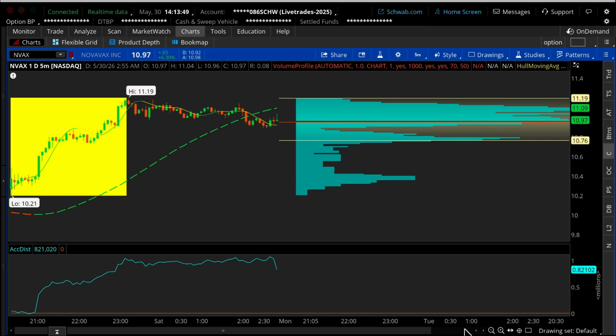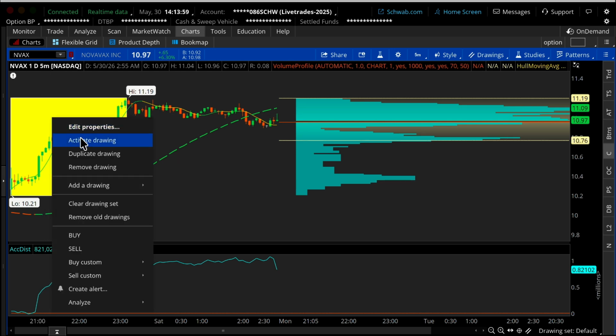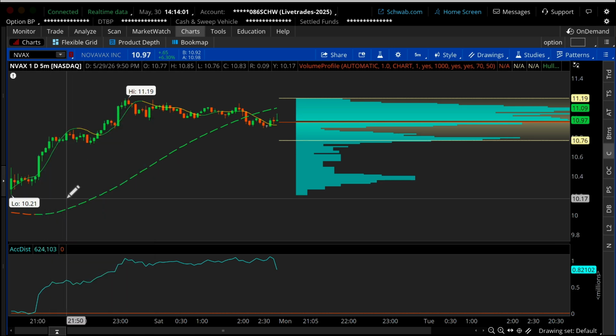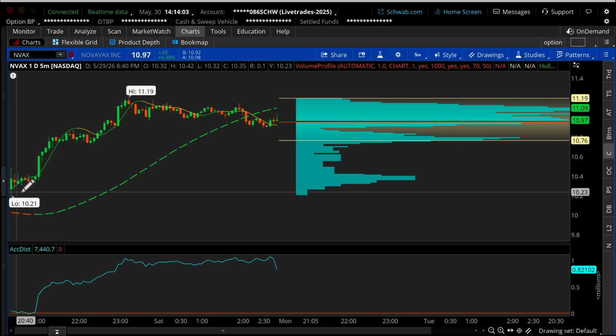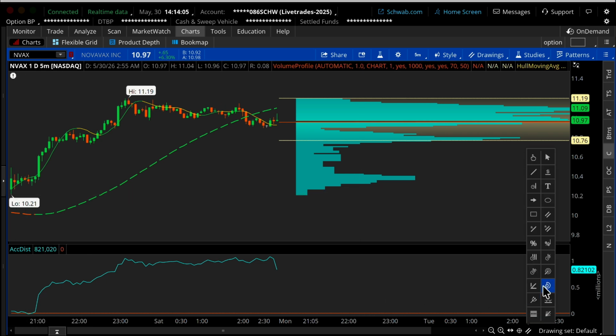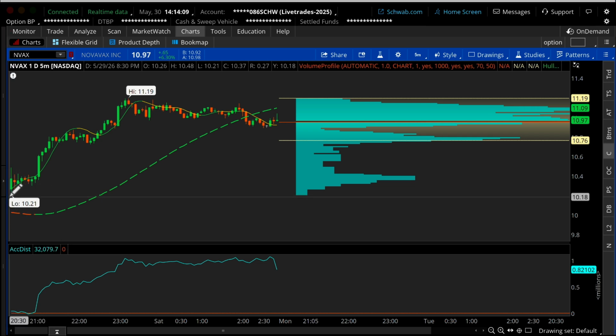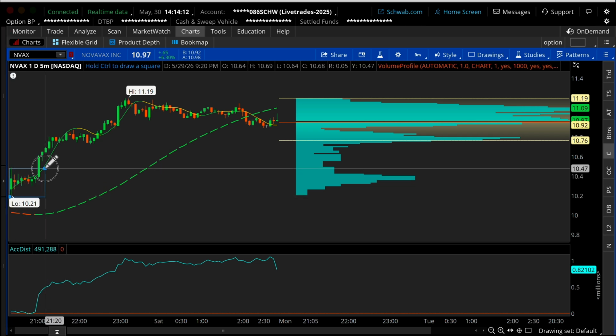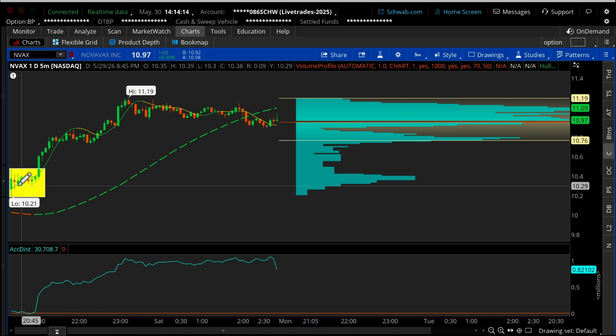There's your box. So you're pretty much safe to do some stuff inside of that box because you can see here it's very orderly. Let me draw the box. So you've got your move right here off of the low.